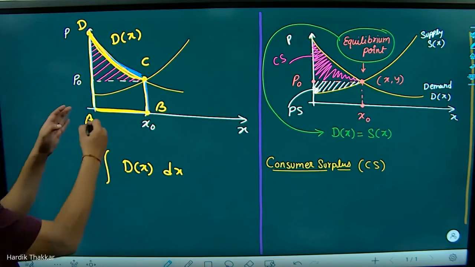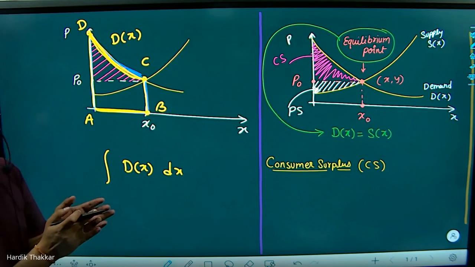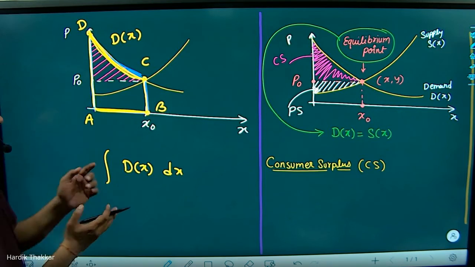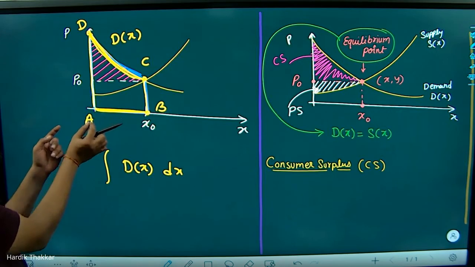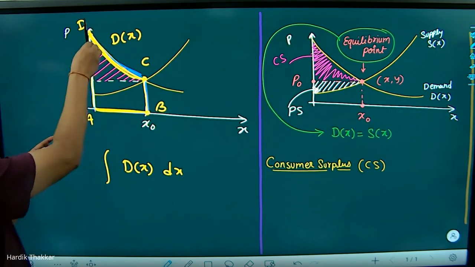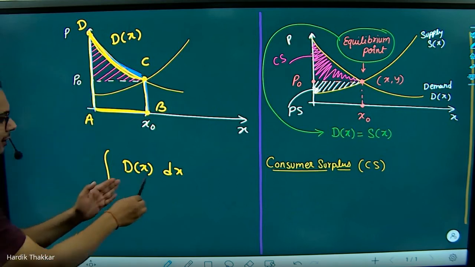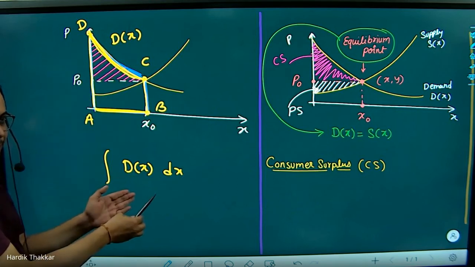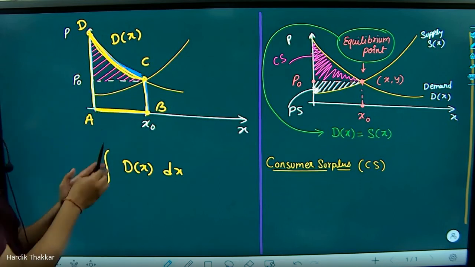Just consider this ABCD as a rectangle. So area of a rectangle is length into breadth. Let us consider the breadth is dx, a small breadth, and its height is represented by capital D of x, correct? So length into breadth will give you area, and integration means the sum of these heights.